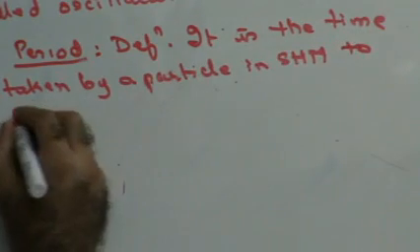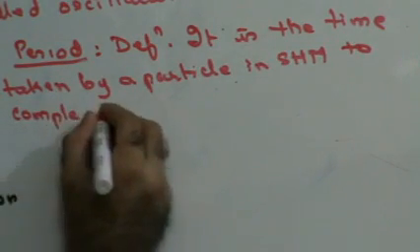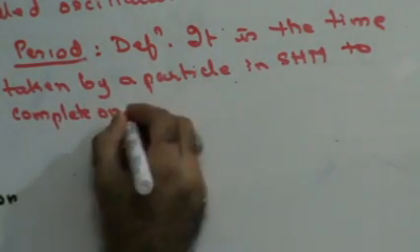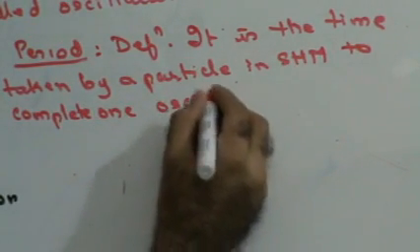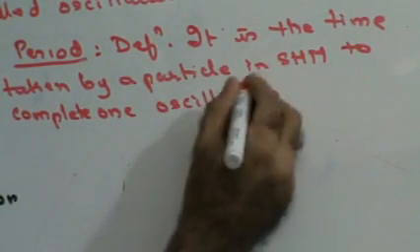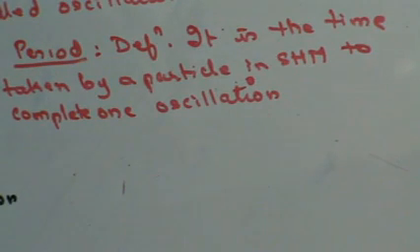It is the time taken by a particle in SHM to complete one oscillation. Fine, that's how I define time period. Now let's derive an expression for the time period of a particle in SHM.